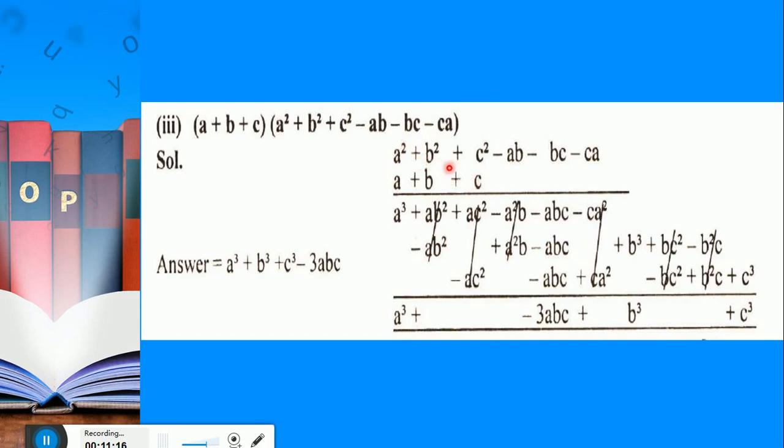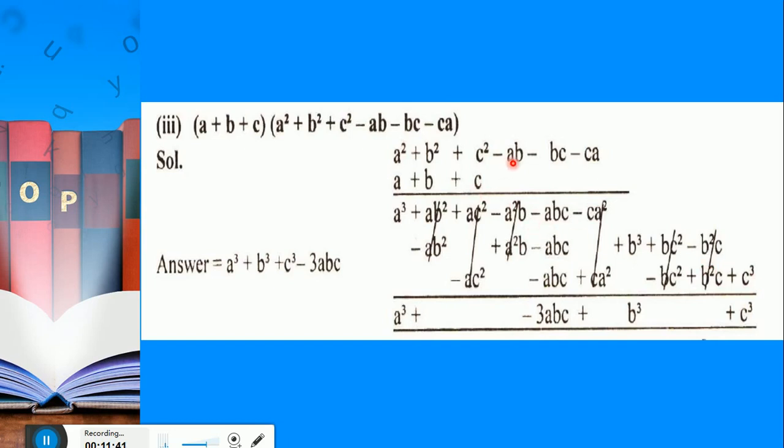It is b square c or cb square. So write it exactly below the b square c term, here plus b square c. Now multiply c with c square. It will be c cube. So write this c cube separately here.